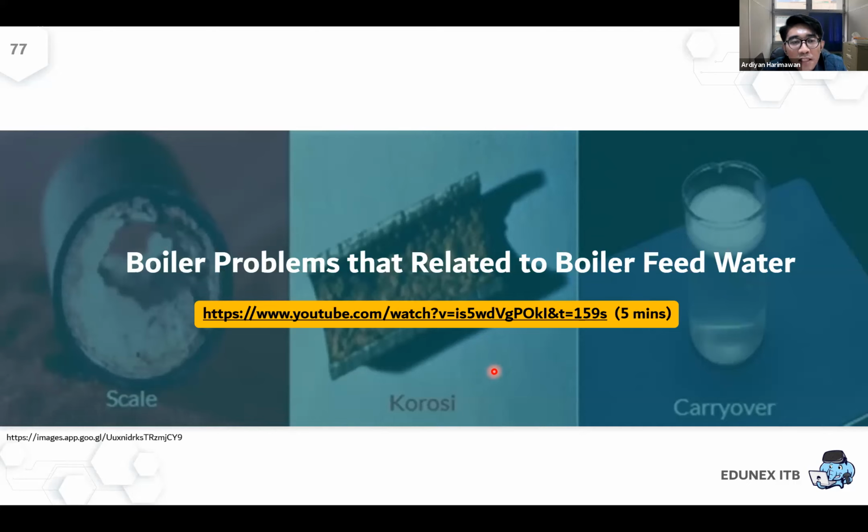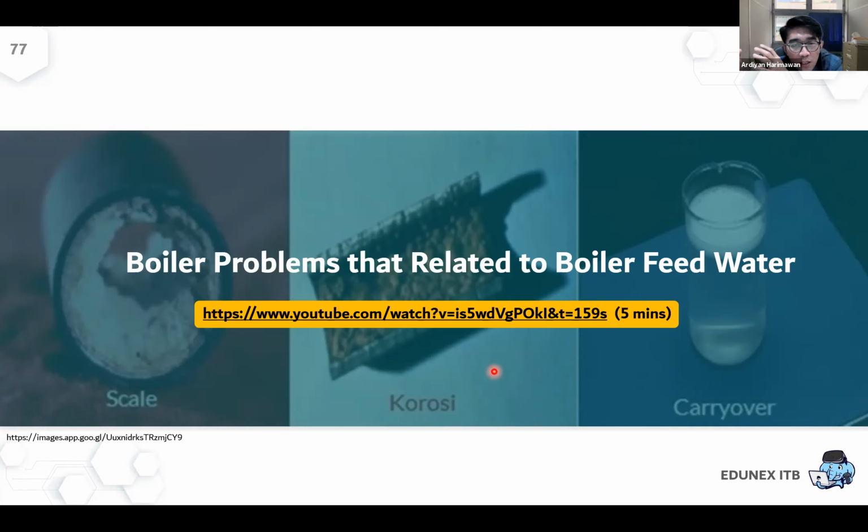Since they use different types of water, boiler feed water for low and high pressure is usually different. For high pressure boilers, usually we use really demineralized water.